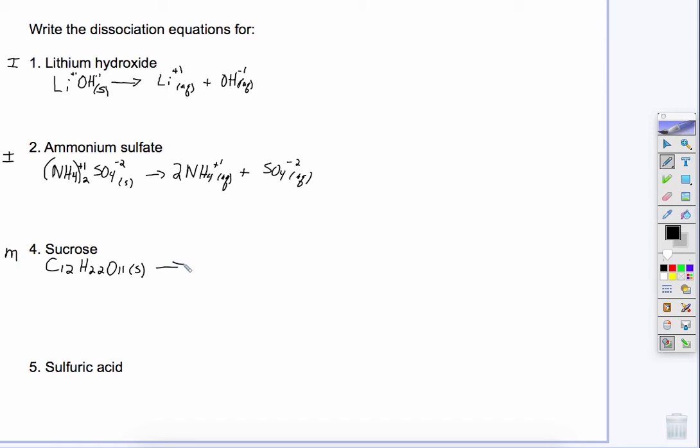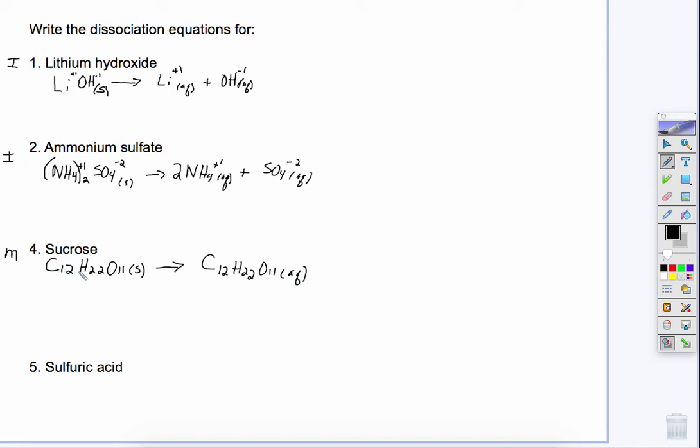So when you put it in water, this solid sugar is just going to break into the molecules that make up sugar, which is still C12H22O11. And then you just change it to (aq).